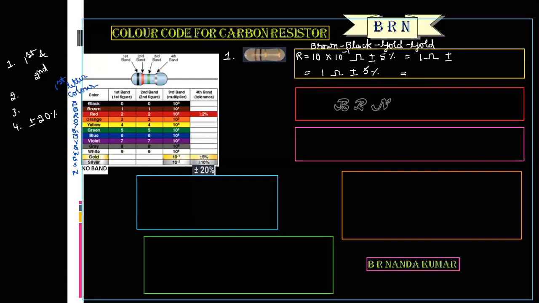So we want the 5% of 1. So 5% of 1 is 1 divided by 100 into 5, that means 0.01 into 5, that is 0.05, right? So this is the 5% of 1. First we have to subtract this value, after that, we have to add the same value. So 1 minus 0.05, that is 0.95.